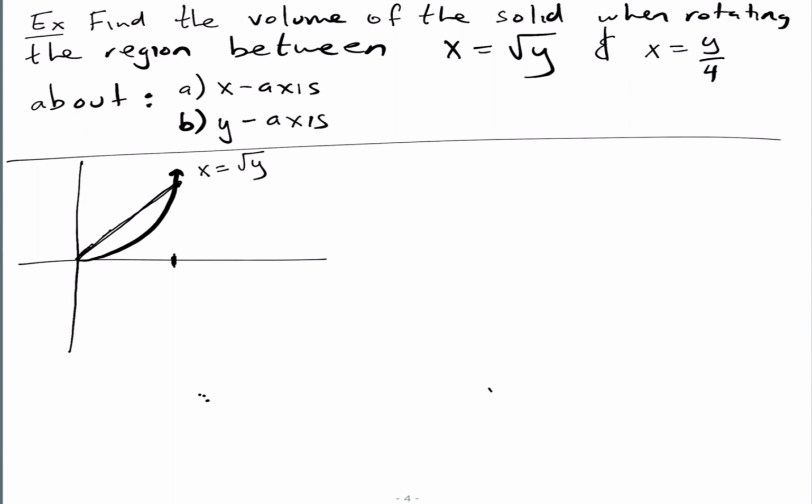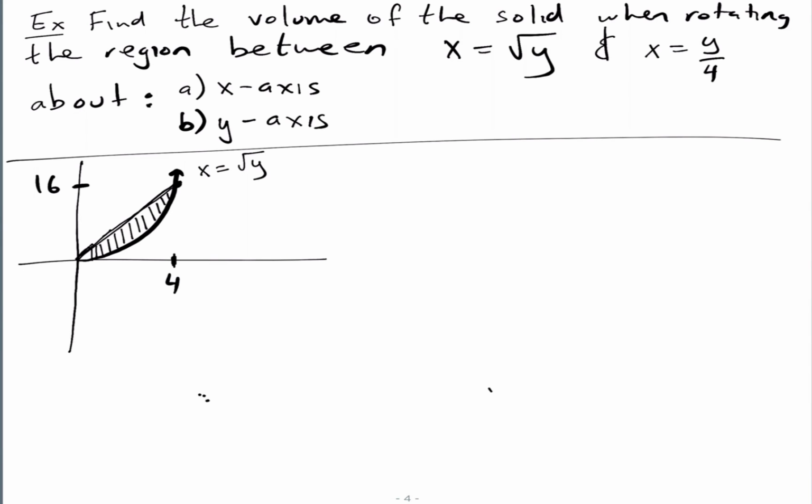You can set them equal to each other, right? So when x equals 4, y equals 16, that's where they intersect, right? Okay, so we're going to do part A first. So this is the region, right? The area between those two.